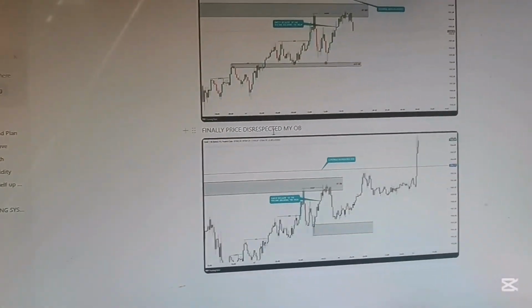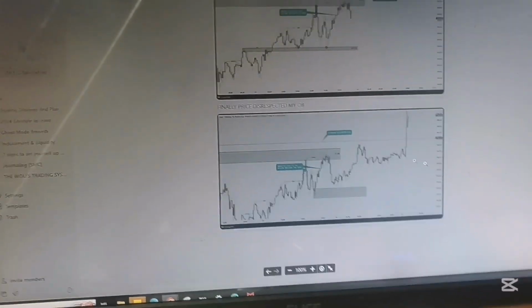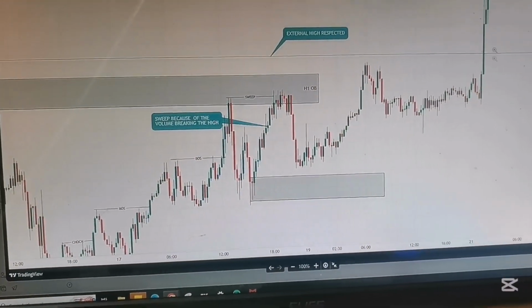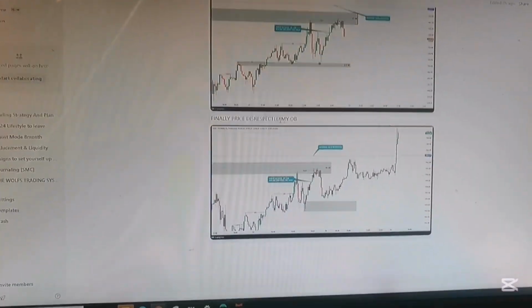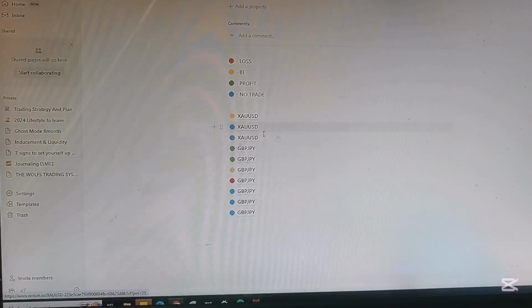So finally price disrespected my OB. Price just disrespected my OB, breaking the high. So this particular one is no trade.